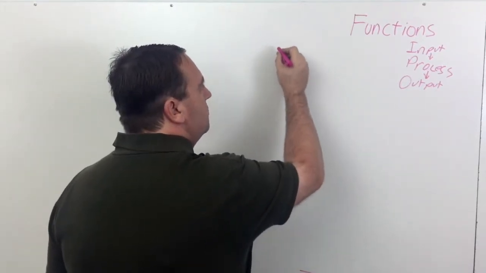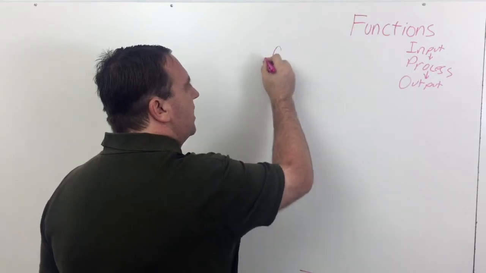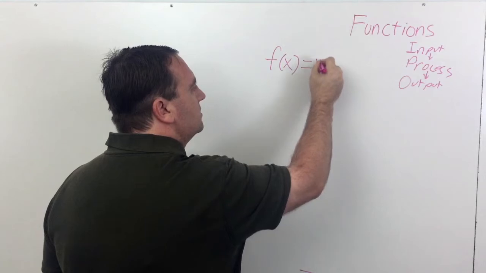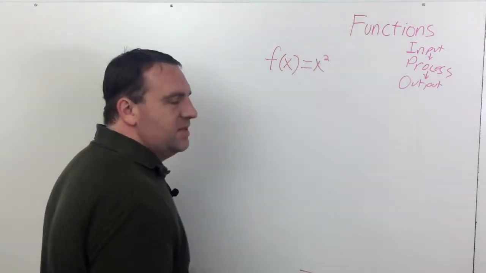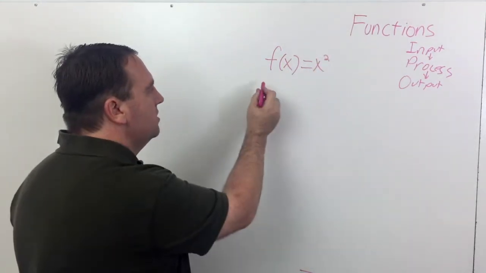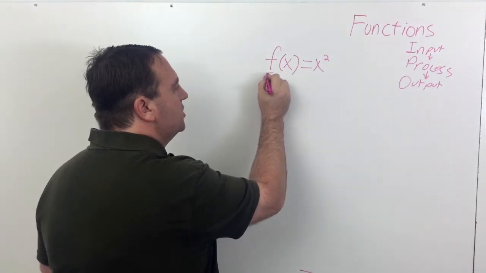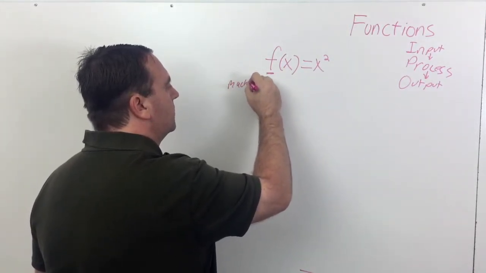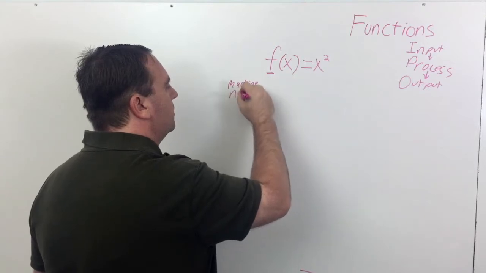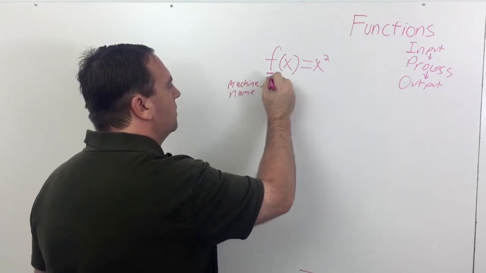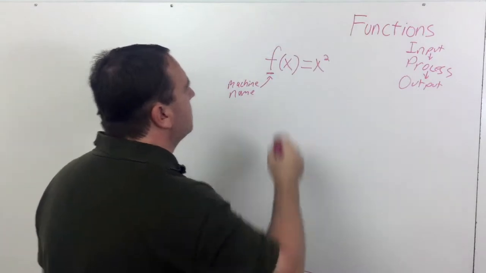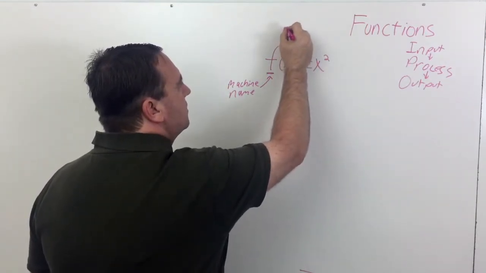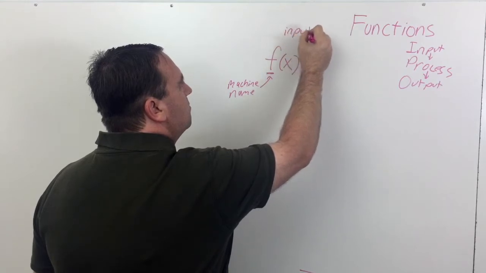So we would say, in this case, f of x equals x squared. So that means that f is my machine. This is the machine. And then in parentheses, these are the inputs.